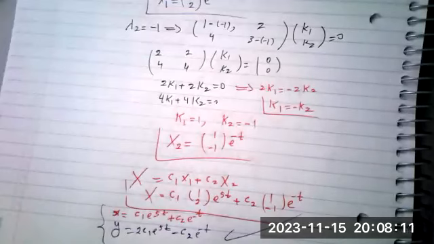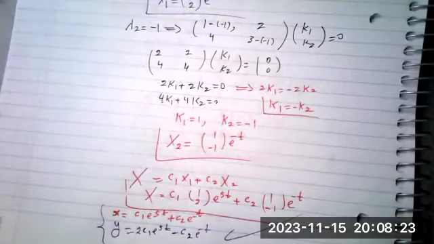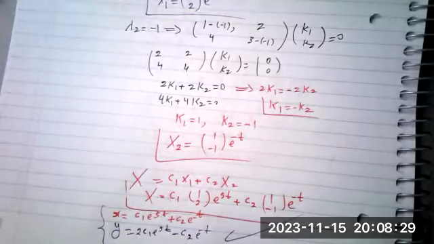Then K1 would be negative t. So you have t, negative t. You factor out the t, and it's t times 1, negative 1. We call it the subspace spanned by these vectors. But at the end, it's going to be the same thing. So we give you only a distinct solution.